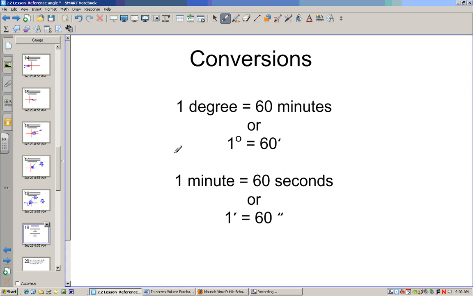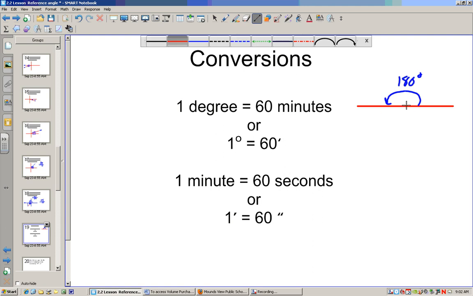Now, each degree can be cut up into minutes and seconds. This is hard to see because on a straight line, there's 180 degrees. So there's 180 little degrees here. So if I cut one up into 1 degree, it's going to look like that.